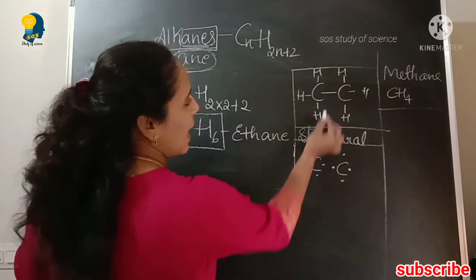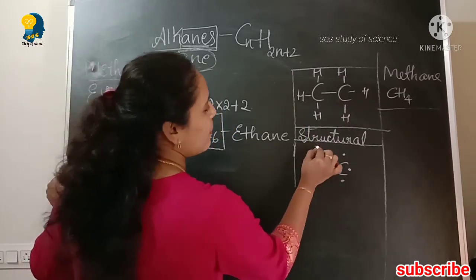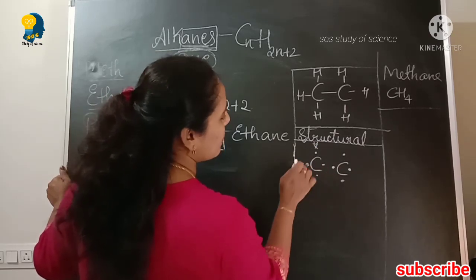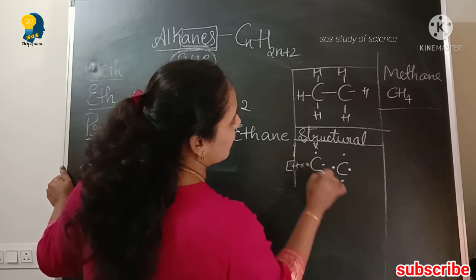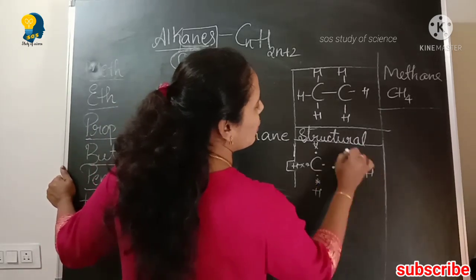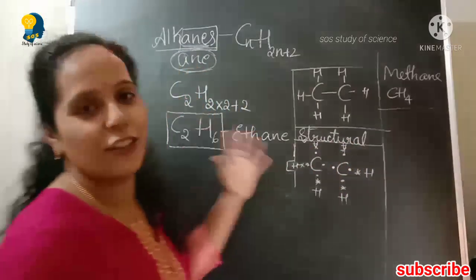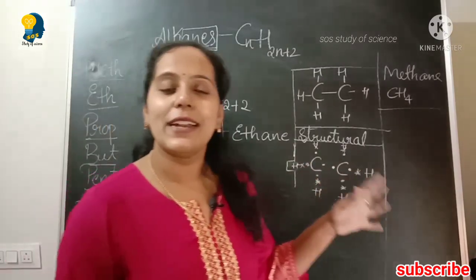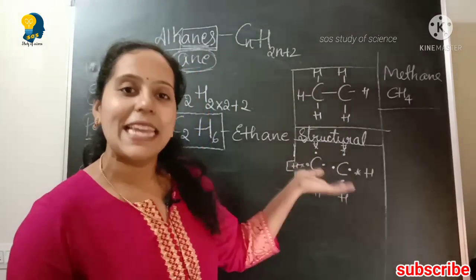Here, as it is a single bond, you see that 2 dots are there. The remaining bonds are surrounded by hydrogen. Hydrogen's valence electron is 1. I am representing the hydrogen by a star, so that there is some differentiation between the electrons. So this is how we have written the electron dot structural formula for ethane.